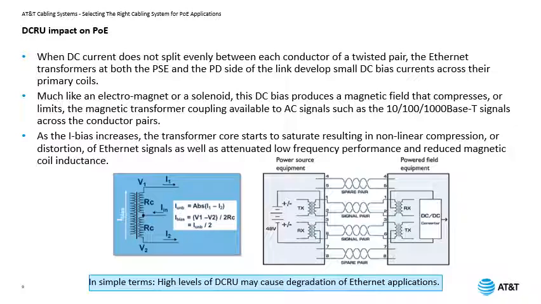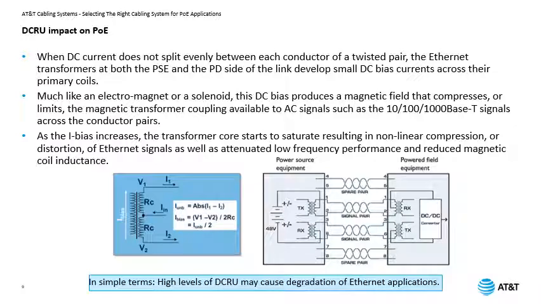Therefore, as the I bias or the current increases, the transformer core starts to saturate. This results in a nonlinear compression or distortion of Ethernet signals, as well as attenuated low frequency performance and reduced magnetic coil inductance.